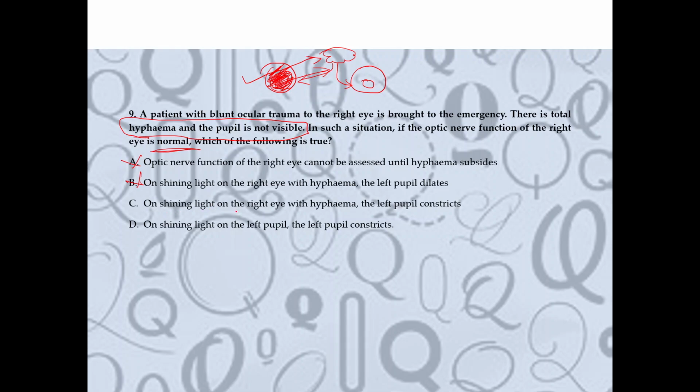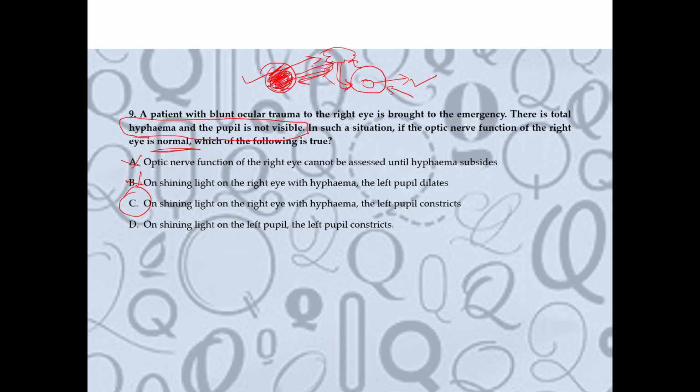Now, on shining light to the right eye with hyphema, the left pupil constricts. So the afferent from here goes to the brain, comes back to the left and the right eye. But since the right eye pupil is not seen, you see the left eye constricting. So this is right. So probably C is the answer. Now D, on shining light on the left, the pupil constricts. So the left eye afferents go to the brain and efferents come to both eyes.